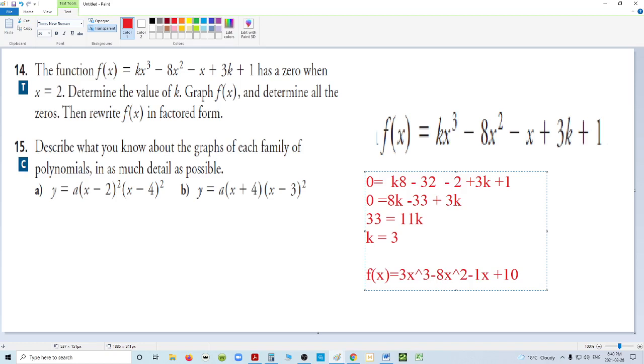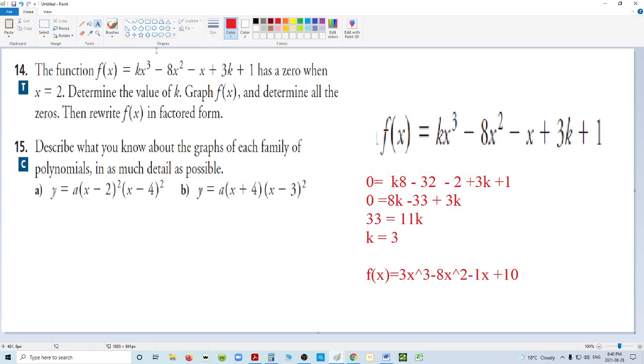It's very easy when you work with what they've given you. There's very little you can do. But then they say determine all the zeros. Okay, that's interesting. Determine all the zeros. So we know one of the factors is x minus 2.